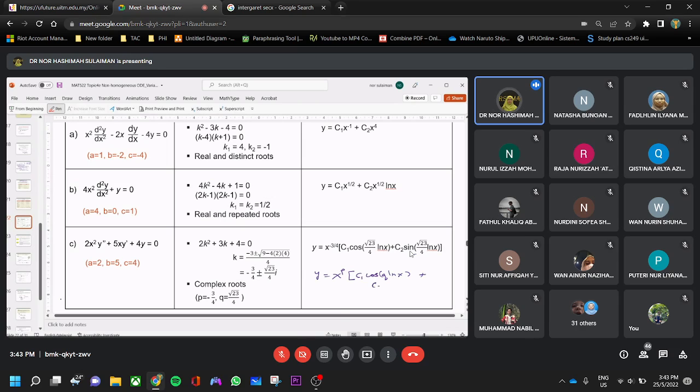Plus C2 sin Q log x. Macam tu, okay? So dapatlah bentuk macam tu. Okay, boleh faham? Boleh. Alright. Okay. So cara dia begitu simple as that.